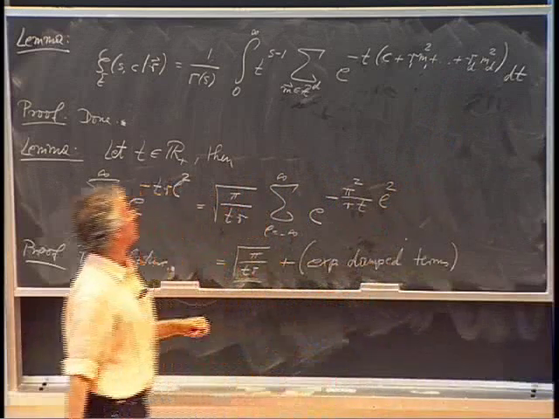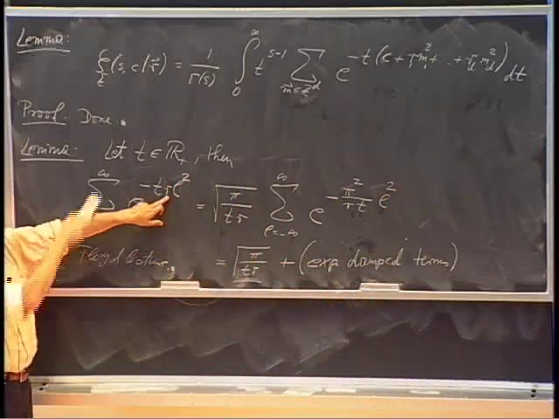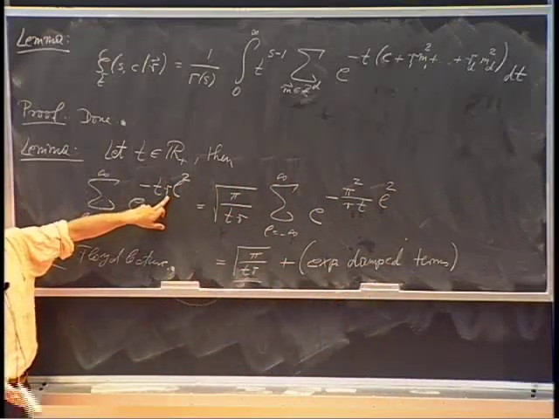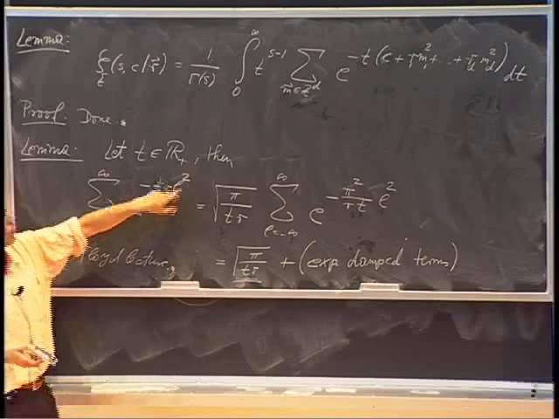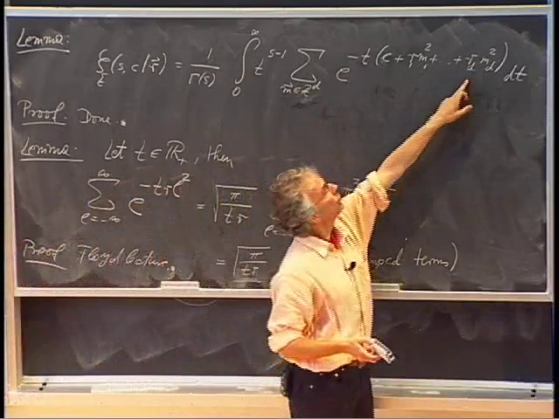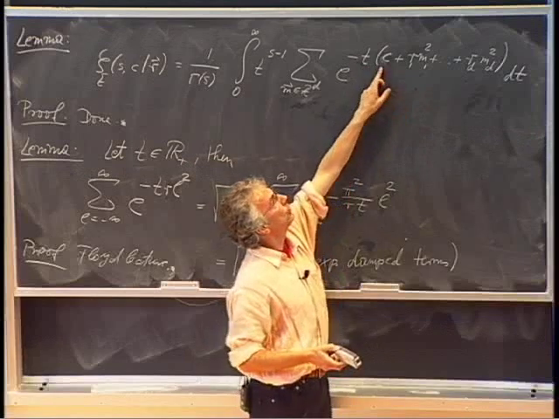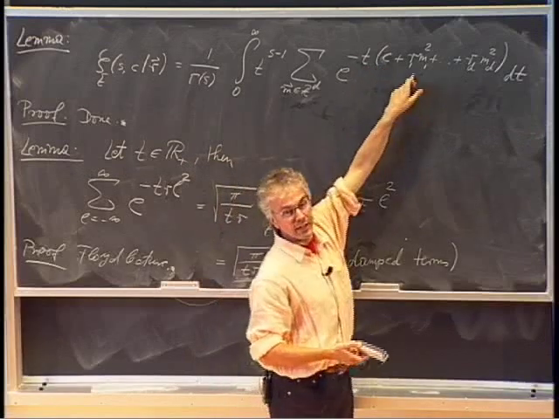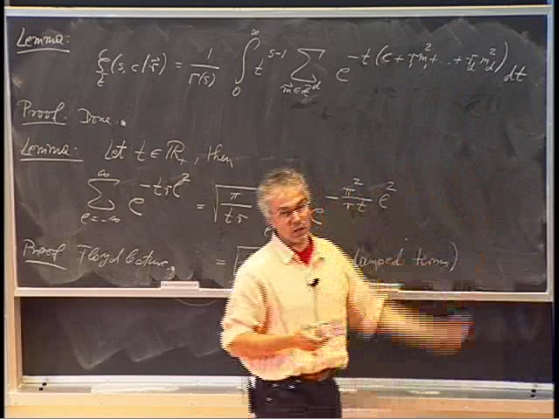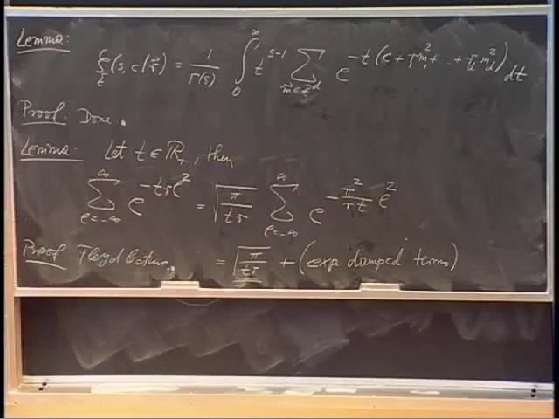So when we apply it, we will choose R to be R1, R2, R3, up to Rd. Because again, this exponential can be written as e to the minus tc times d factors, each factor having an e to the minus t ri mi squared. And we are going to apply this formula to each of the factors.